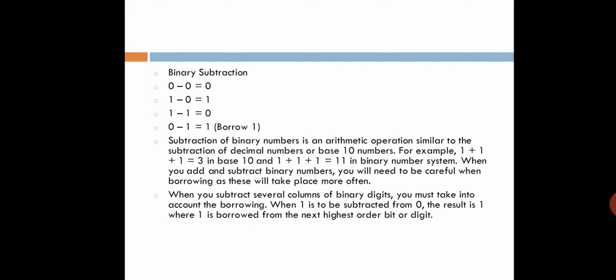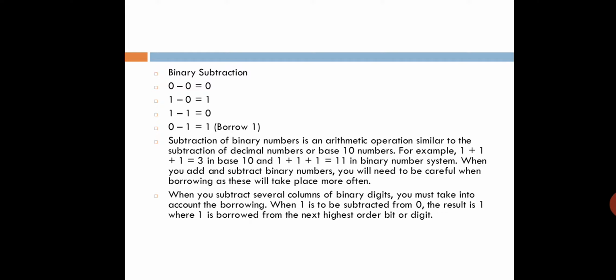When you add and subtract binary numbers, you need to be careful with borrowing, as it will take place more often. While taking the borrow, you should be very careful, because it is a kind of confusing one. So don't get confused while solving the problem. You will clear all these doubts, don't worry, but this is the thing you have to remember as the theoretical part.